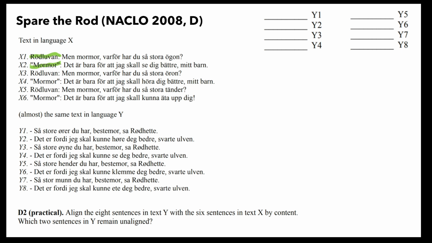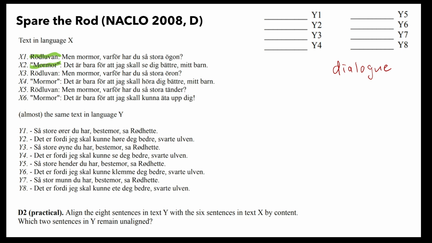So this seems to be depicting a dialogue to me, and I hope you agree. So let's write that down, that we think it's depicting a dialogue. Okay? That's just noticing something that we noticed.